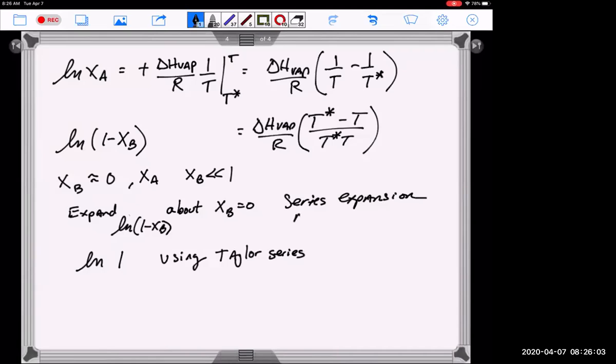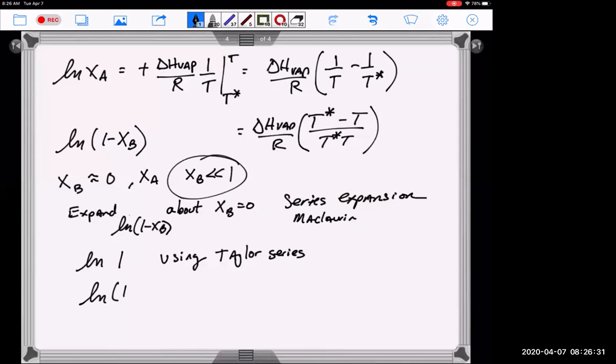So Maclaurin or Taylor, it's really very equivalent to us. It's just a matter of how you set the problem up. But in general, the main thing is we're using that xb is much, much less than 1. So let's take a look at that.